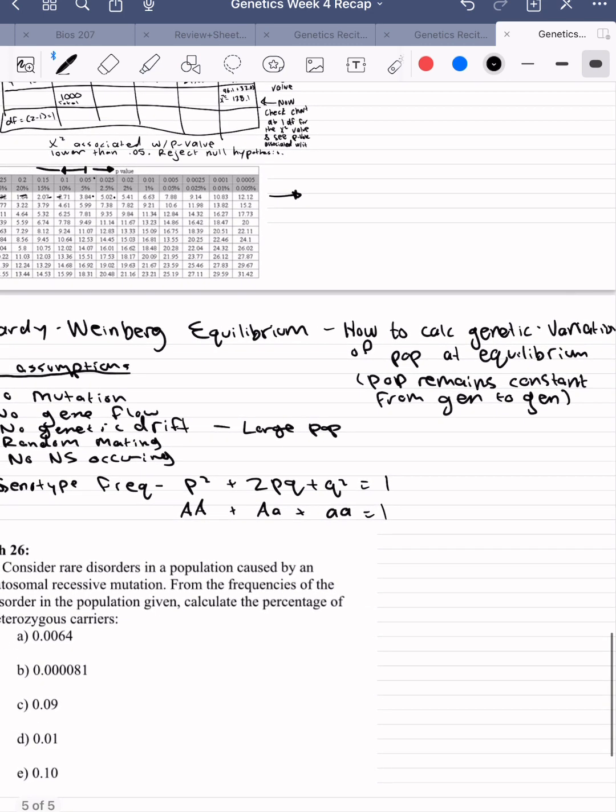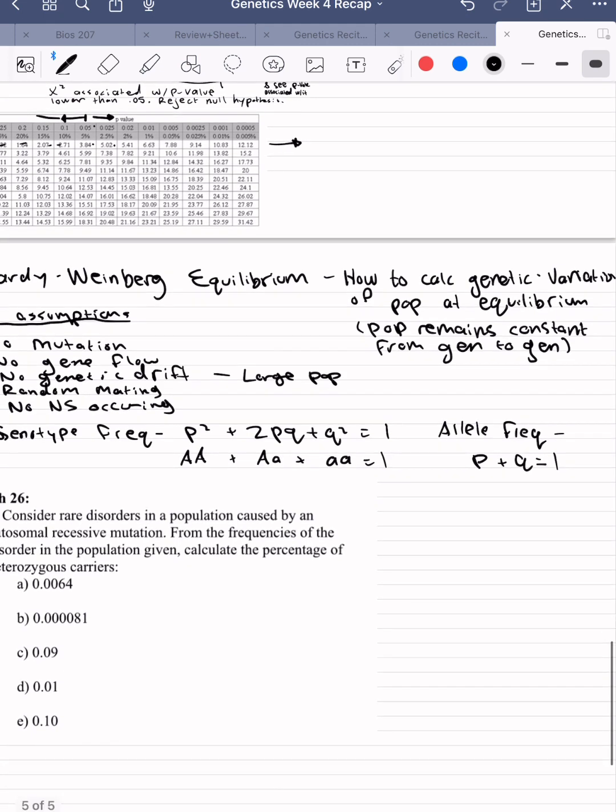There's one more equation, and that is the allele frequency equation. That equation is simply p plus q equals 1. And remember, these all have to be in percentages.